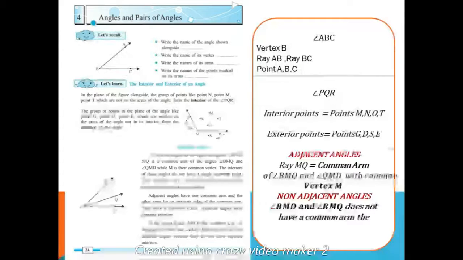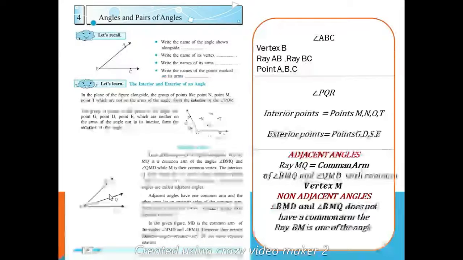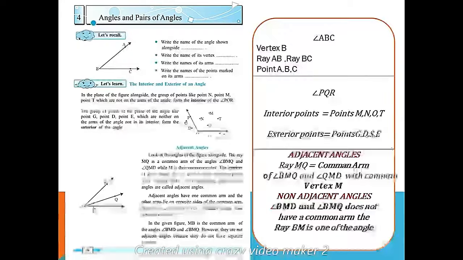They have a common vertex, that is M, but they do not have a common arm, that is MQ, which would form these two angles. So the ray MB is common in this figure, on the one side. Therefore, angles BMD and BMQ do not form adjacent angles.